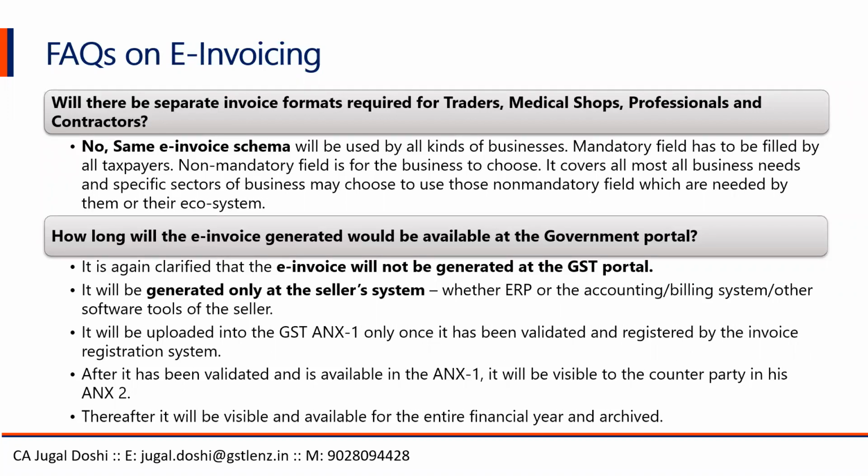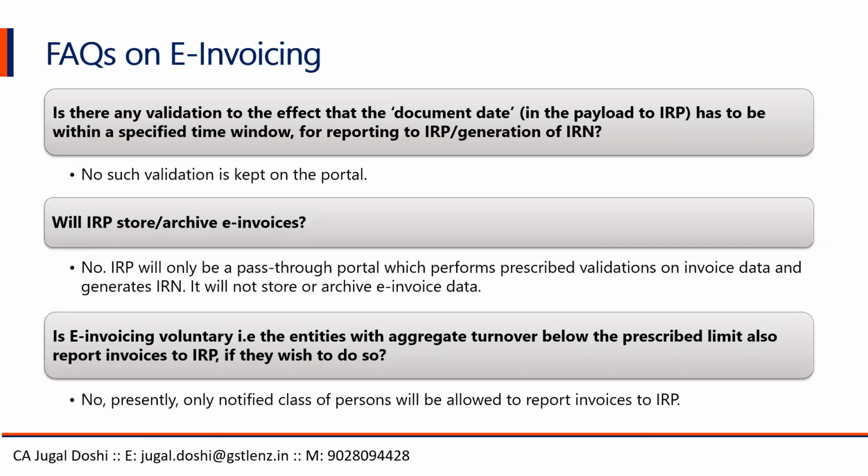How long will the generated e-invoice be available at the portal? We already discussed, only for a day. After that, if you want to do any changes, you can do it through GSTR-1, but not through the IRP portal. Is there any validation to the effect that the document date has to be within a specified time window? There is no such validation right now, but backdating they have blocked.